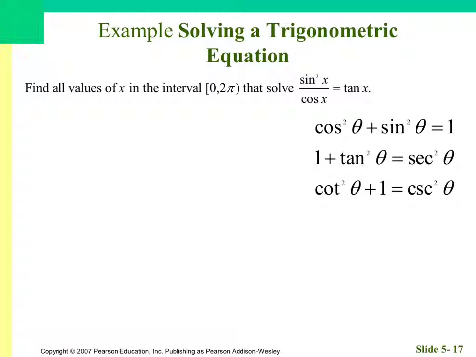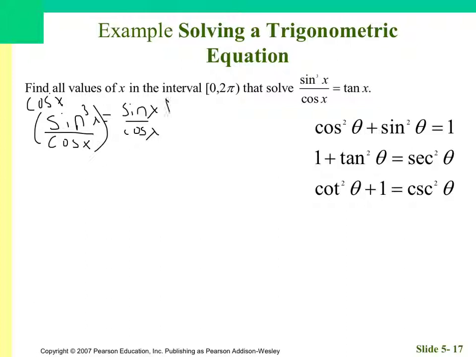Find all the values of x in the interval from 0 to 2 pi that solve that equation. So let's see if we can simplify anything here. I get sine to the third x equals sine x over cosine x, because that's what tangent is. So if I multiply both sides by cosine x, those cancel out.